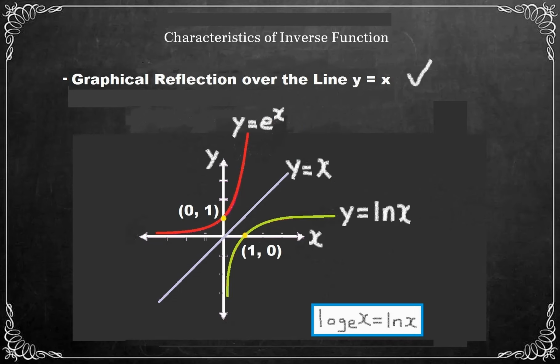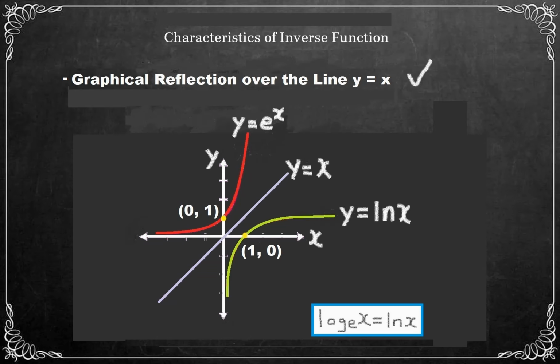The graphical reflection over the line y equals x. Essentially, the graph of an inverse function is the graphical reflection of the original function's graph across the line y equals x. We have e to the x as the red plot, and its inverse, the natural logarithm ln x, the green plot.